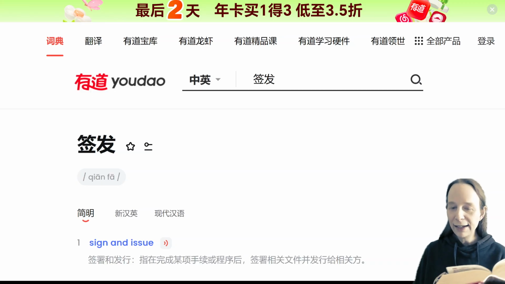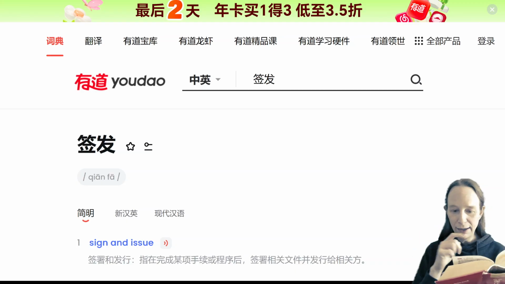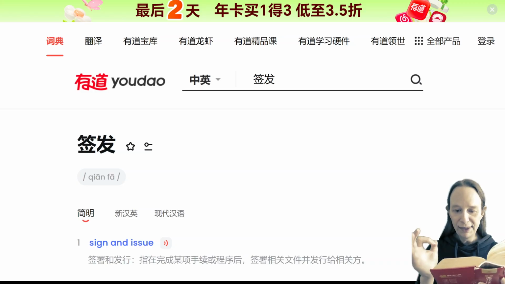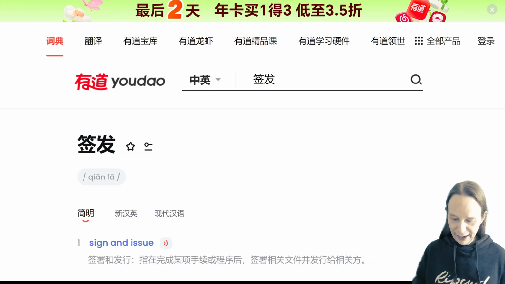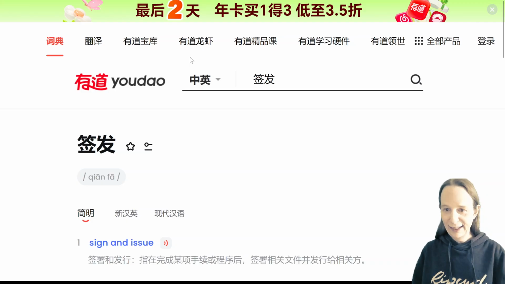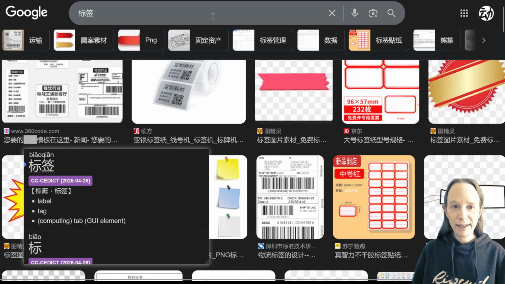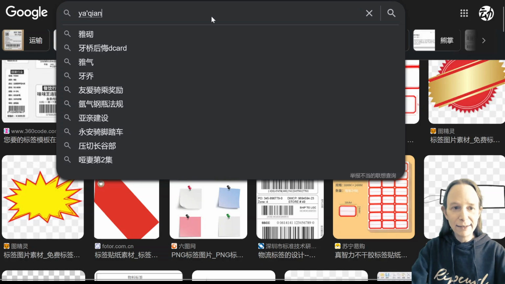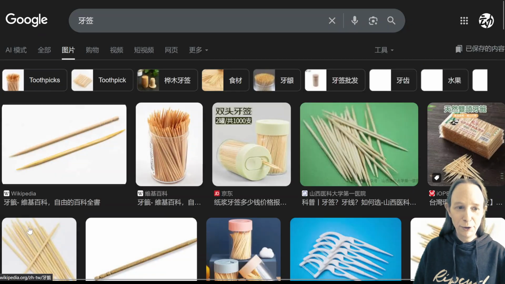Number 2, 用竹子或木材削成的带尖的小细棒. So it's this one we didn't cover. 牙签, toothpick.